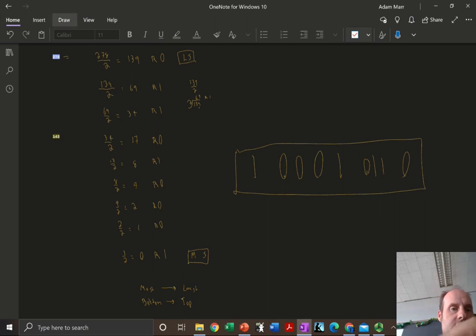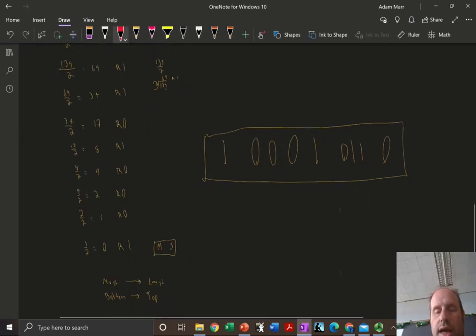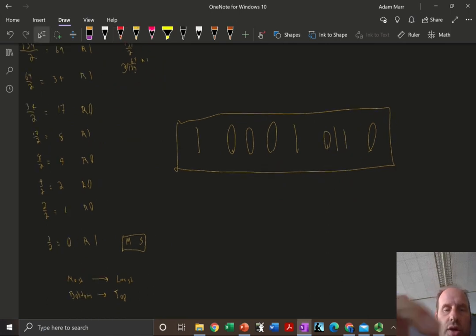Now, if you want to check your answer, you can always do that. By checking, we turn it from binary, which is base 2, to decimal, which is, of course, base 10.